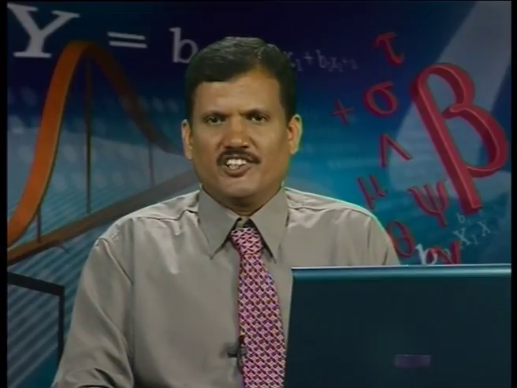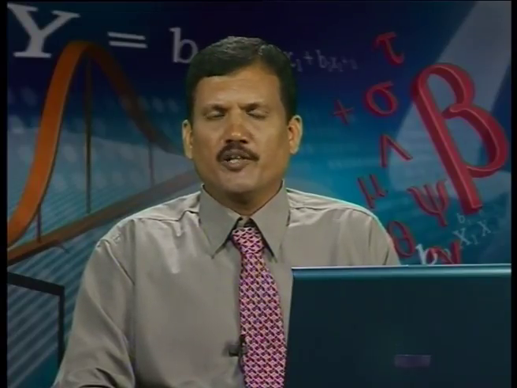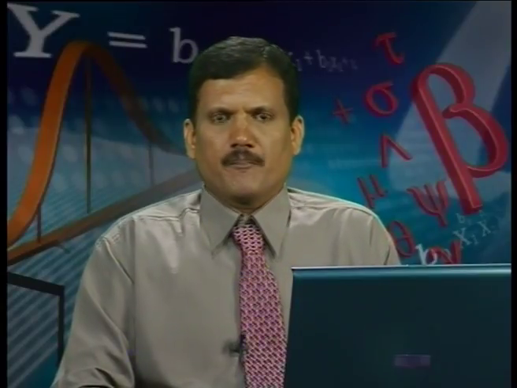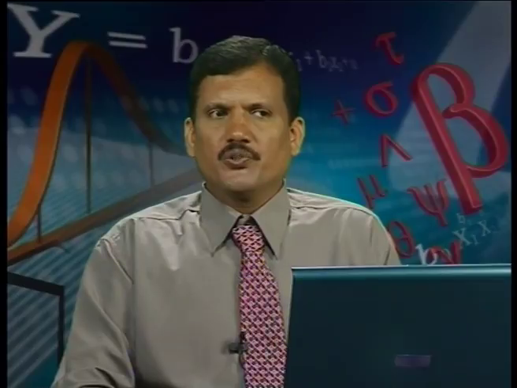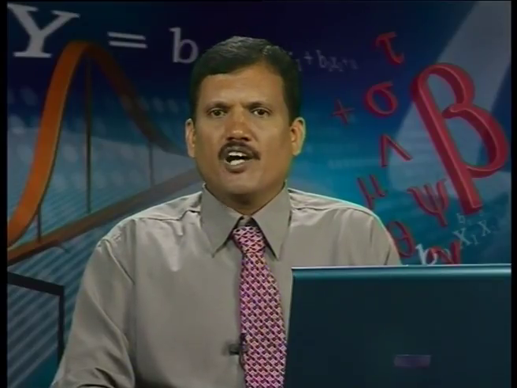Then in the third step, we have to include the random term, that is u. U is defined by statistical random variable properties. Then after introducing the u term, we have to search for suitable data, whether it is time series data or cross section data or pooled data.